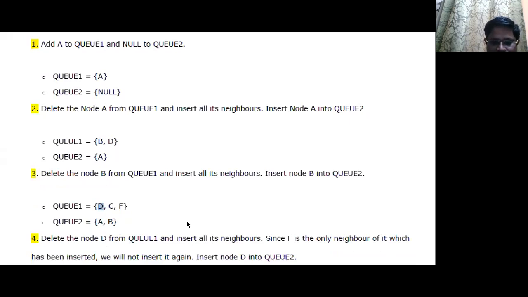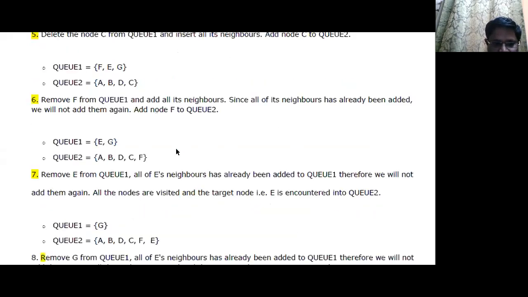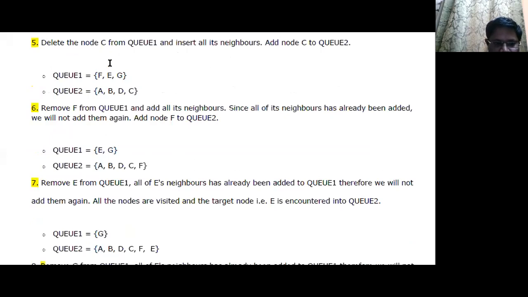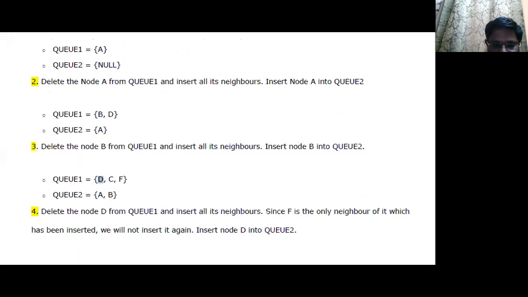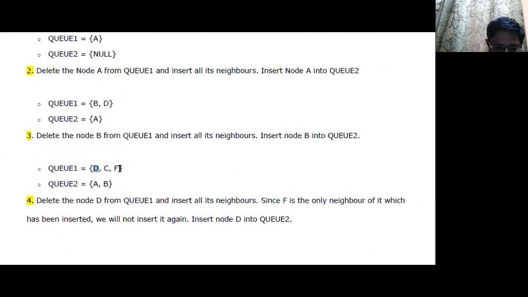Now let's see how many neighbors of D there are. Node D has only one neighbor, that is F. And F is already in Q1, so there is no need to insert it again.